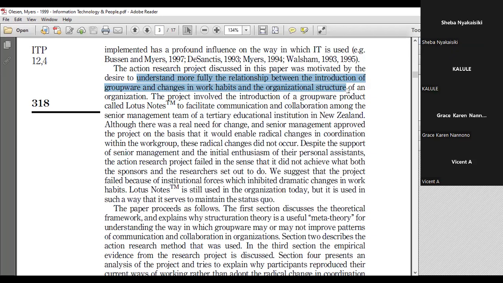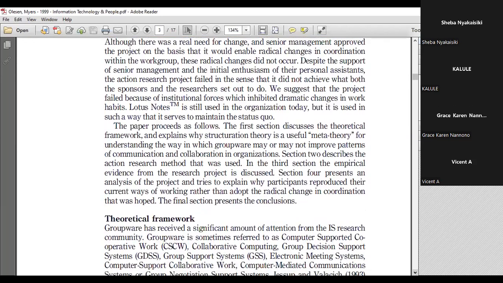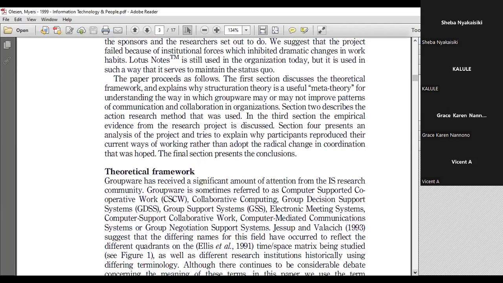Yes, doctor. So the objective was not to facilitate. Of course, that was the organization's objective, but then it was to fully understand the relationship between introducing the groupware and changes in work habits. That was the objective of the research.